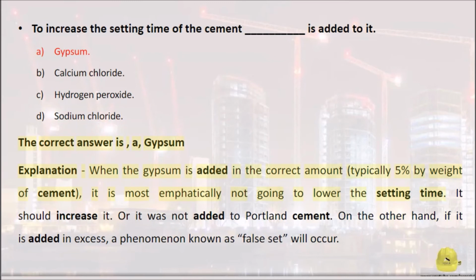The correct answer is A. Gypsum. Explanation: when gypsum is added in the correct amount, typically 5% by weight of cement, it increases the setting time. If it is added in excess, a phenomenon known as false set will occur.